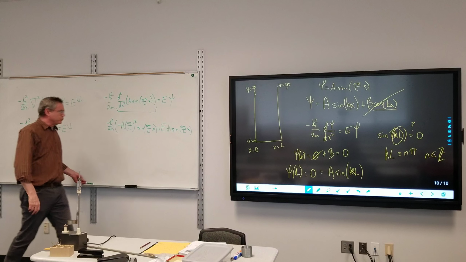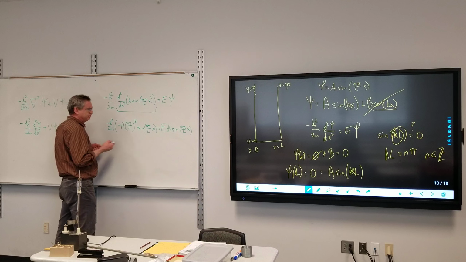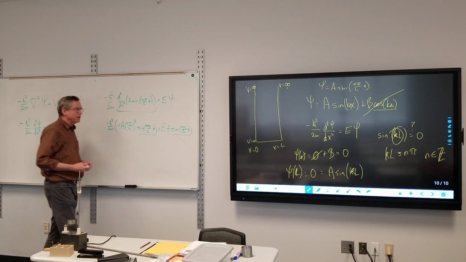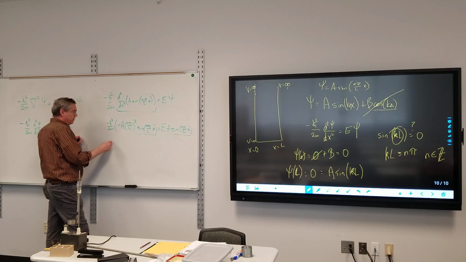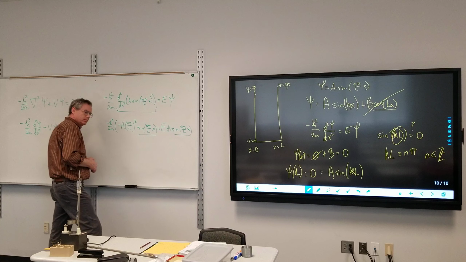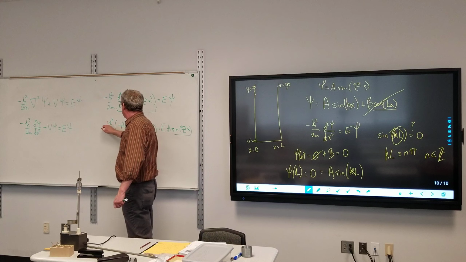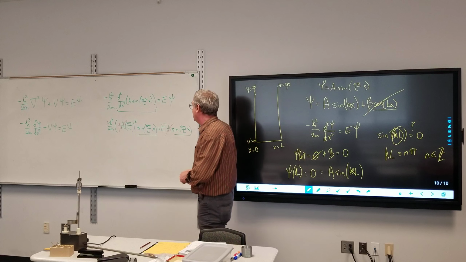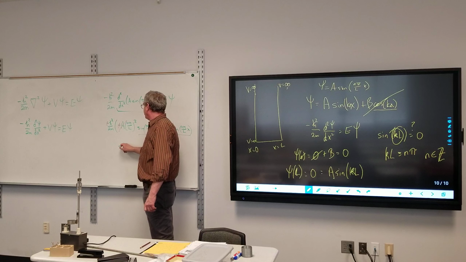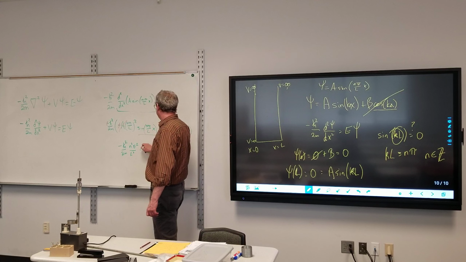So if this is always true, then my coefficient of sine here and the coefficient of sine there have to be equal to each other. A can cancel out, and the negatives cancel out. And so I have negative h bar squared over 2m times n squared pi squared over L squared is equal to E.